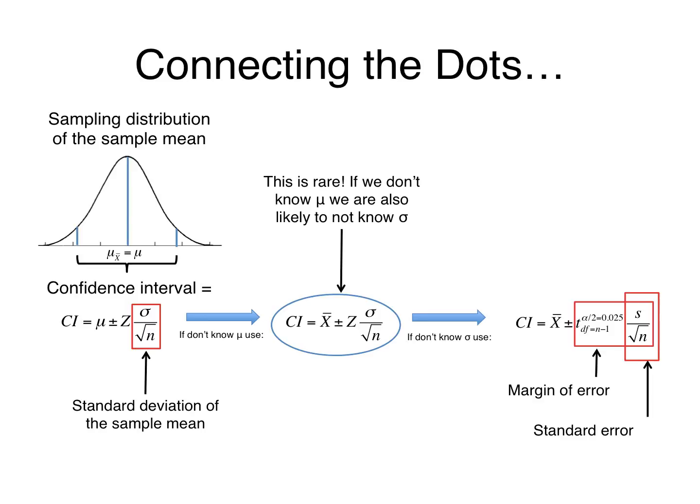Multiplied together, this t-score and standard error are known as the margin of error. And the margin of error tells us the maximum expected difference between the true population mean and the sample estimate of that mean. And when you calculate a 95% confidence interval in this situation, the interpretation is we are 95% confident that the confidence interval will capture the true mean.